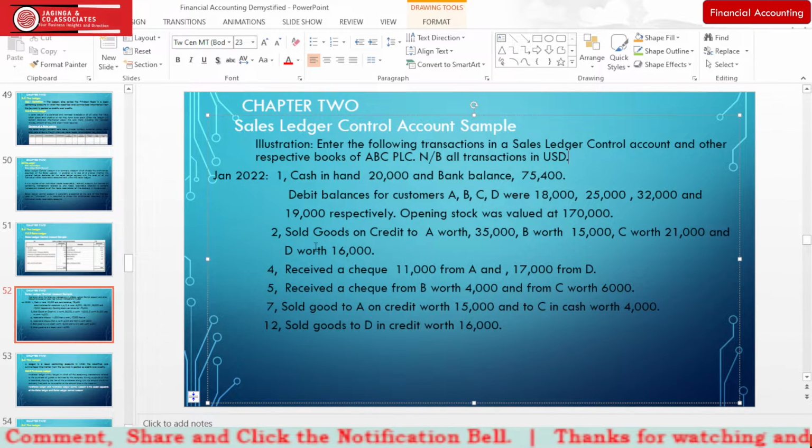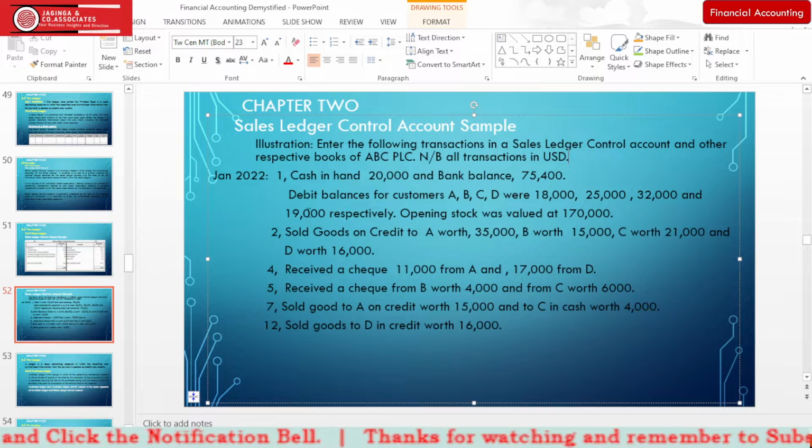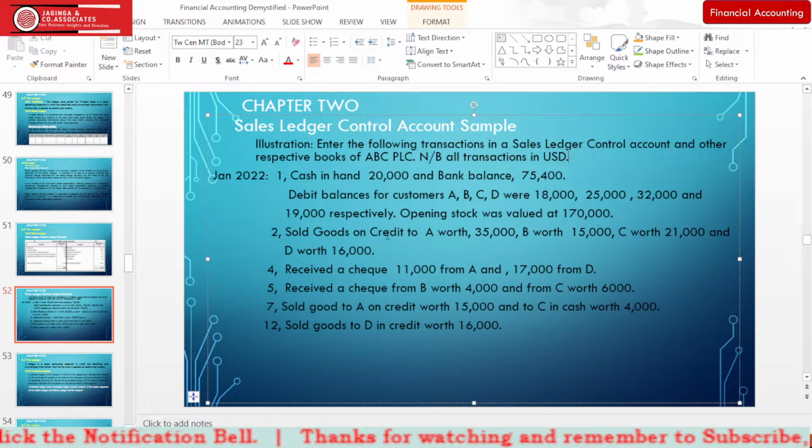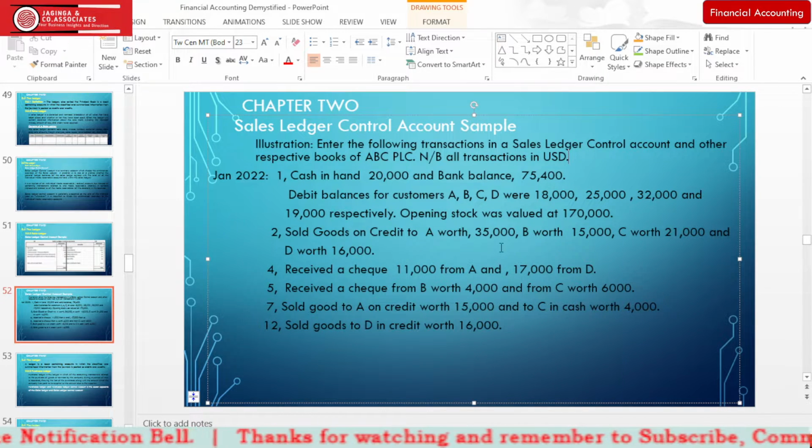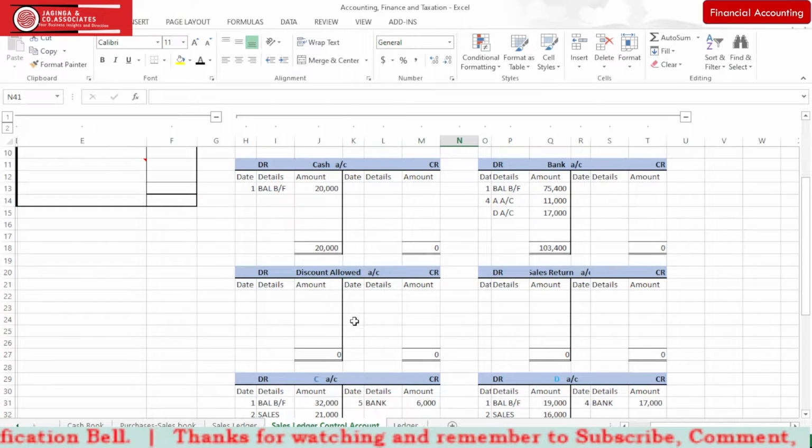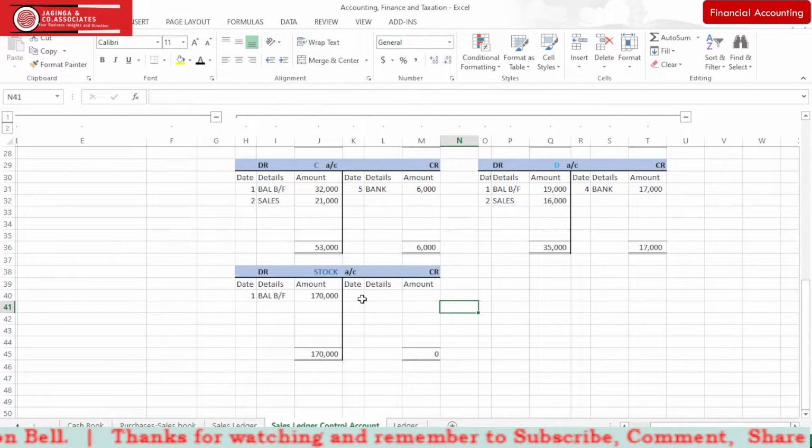We have also made the entries for goods. So let's go back here. Debit balances, all goods, and this was second 35,000. So now in the stock account, we ought to have made sales.